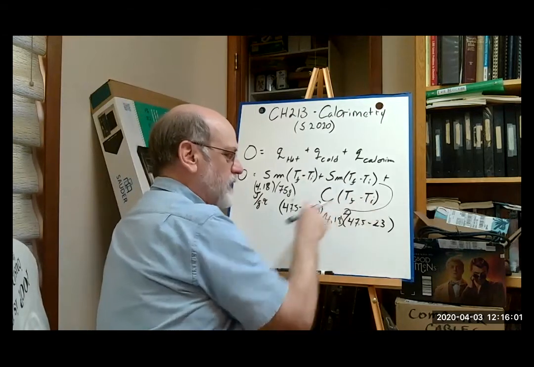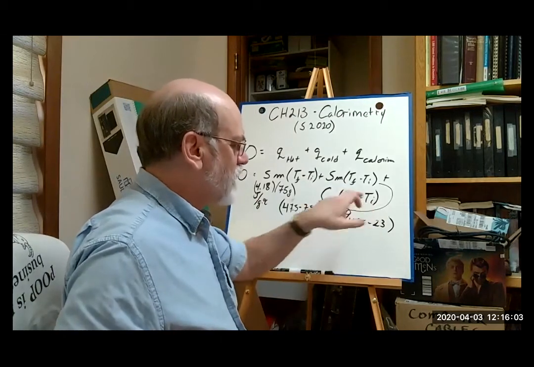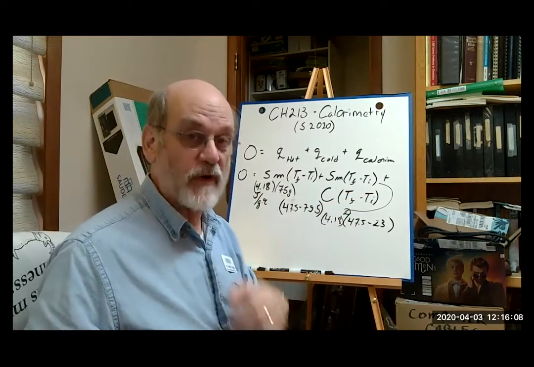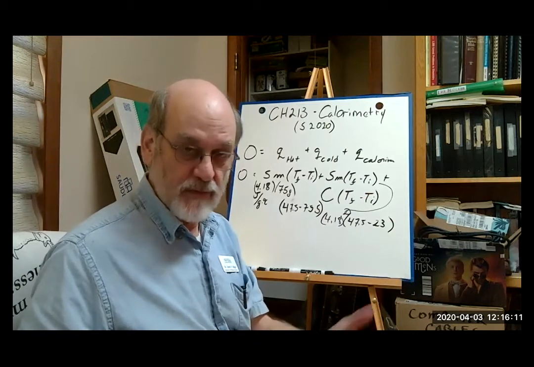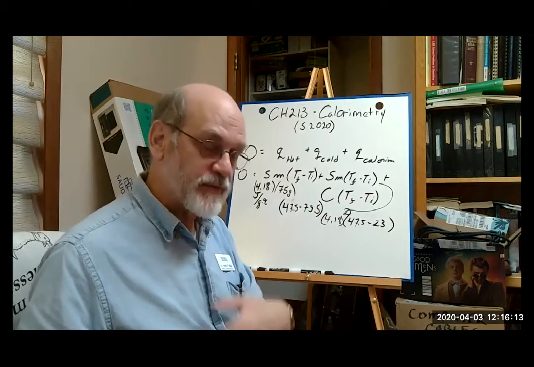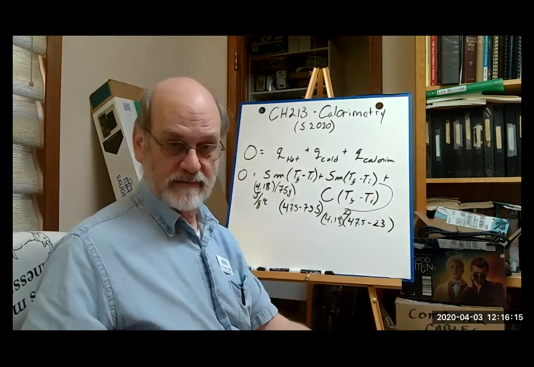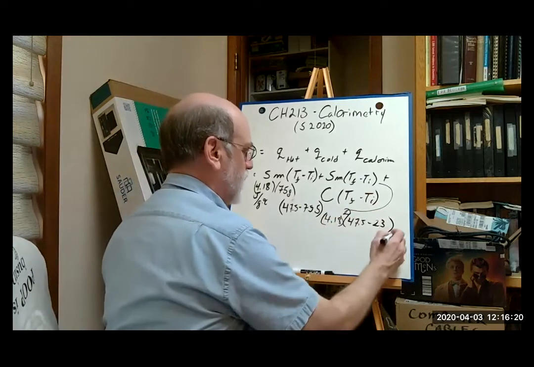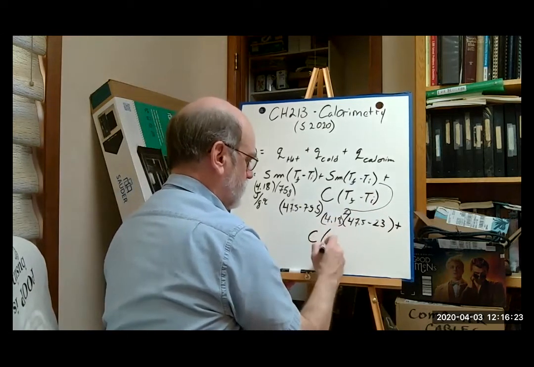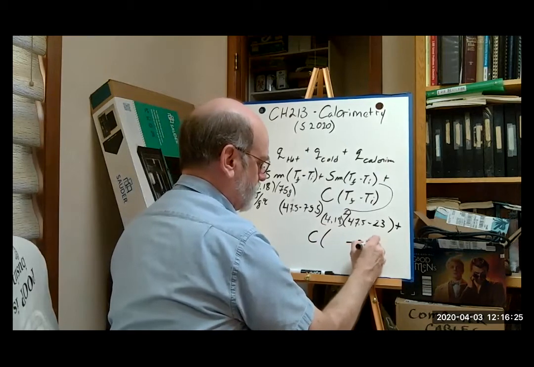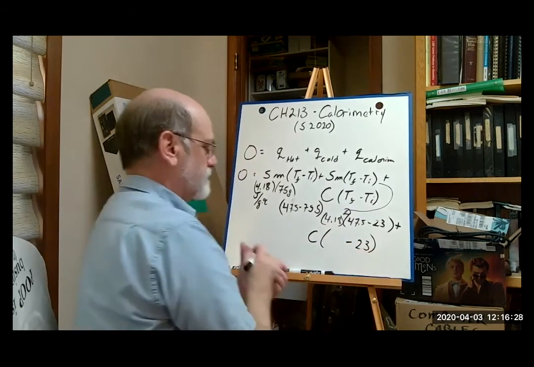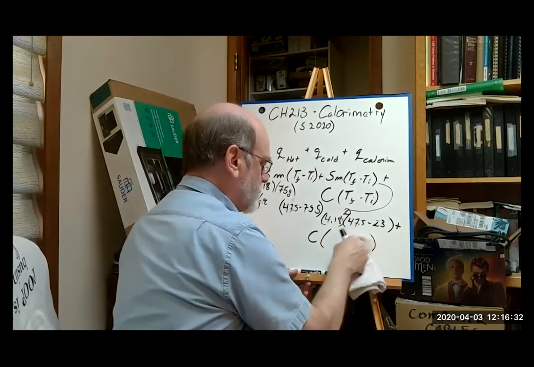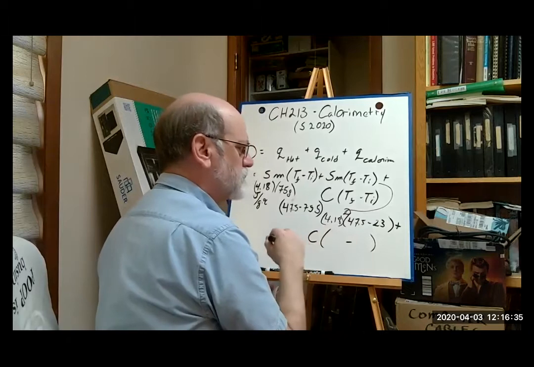How about this one? What is the initial temperature of the calorimeter? Well, the experiment says you start off with the room temperature water in the calorimeter, and you measure it. So the calorimeter has to be the same temperature as the cold water, right? So its initial temperature is also 23. What is its final temperature? Initial temperature is 23.